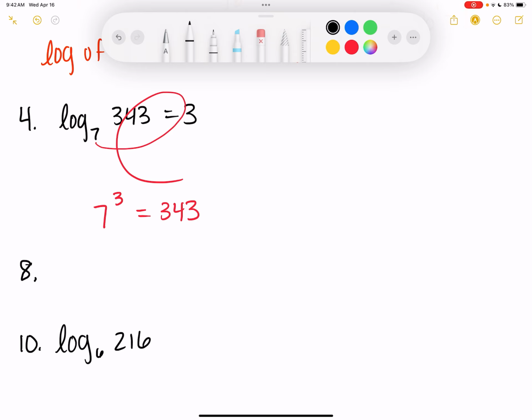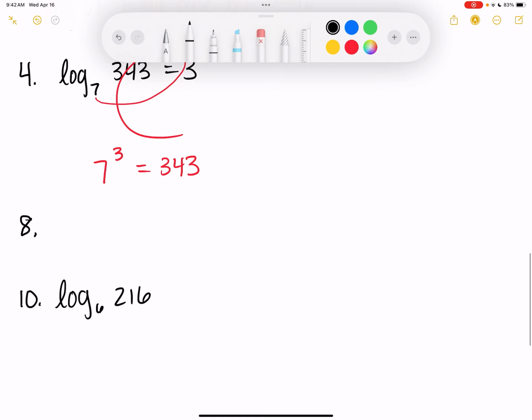What that's saying is, what power is 6 raised to, to get 216? Exactly, yes. So what I normally will do when I'm solving these is set it equal to x, and then say, okay, 6 raised to what power is equal to 216?